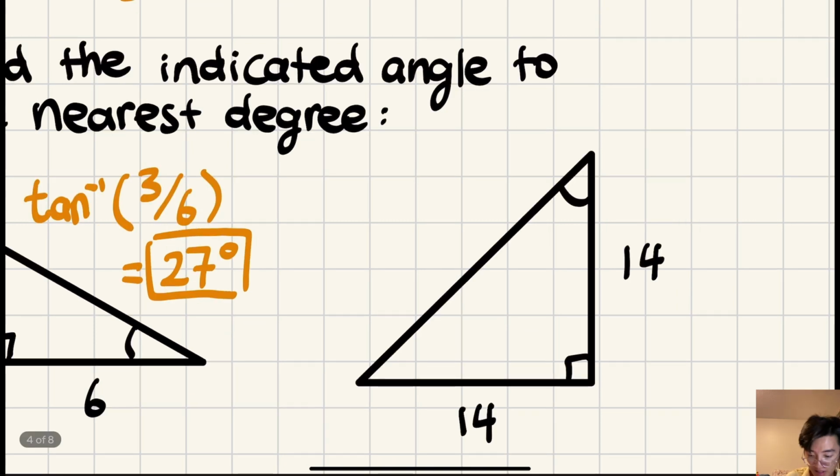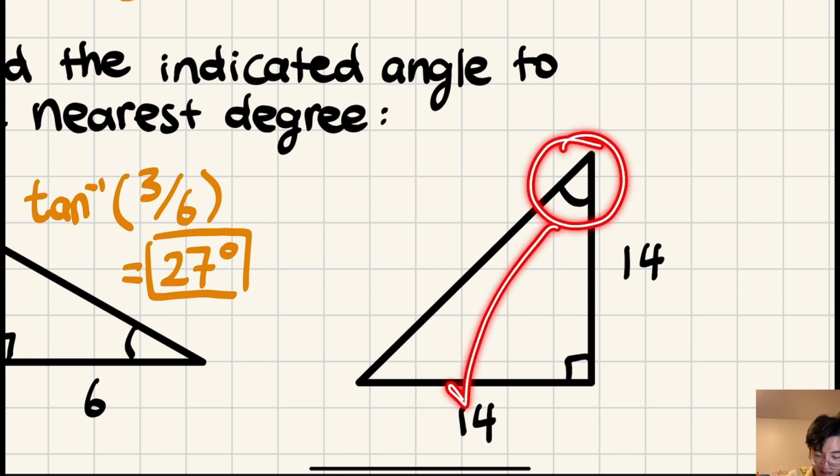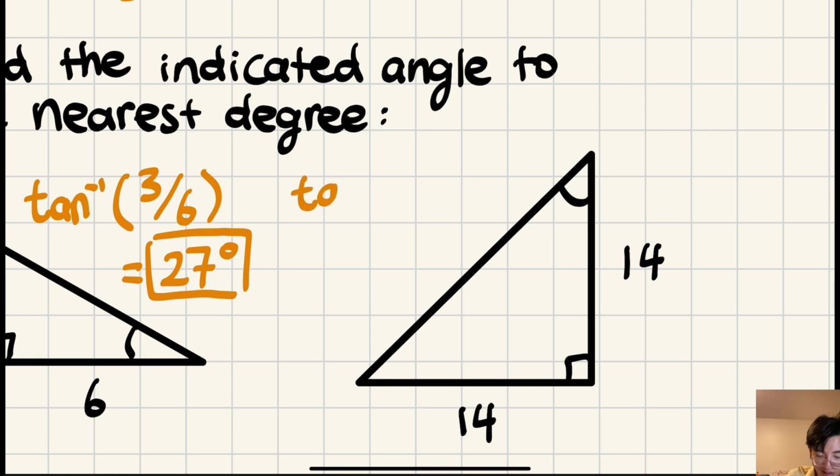All right, and the next question, we have, once again, a mysterious angle here. The opposite is this one, the adjacent is this one. Something interesting here. 14 over 14, we know that is just 1. The inverse tangent of 1. To be honest, this is one of those questions which we probably don't need a calculator for.